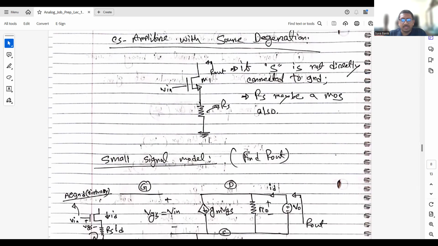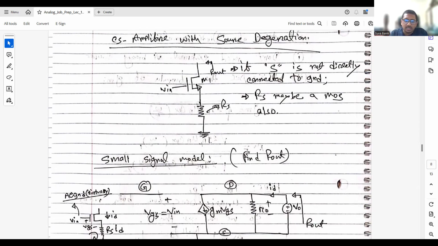So now we need to find the output resistance of this source degeneration. Here I already wrote down all of the calculations, so you may just pause the video and see the calculation.